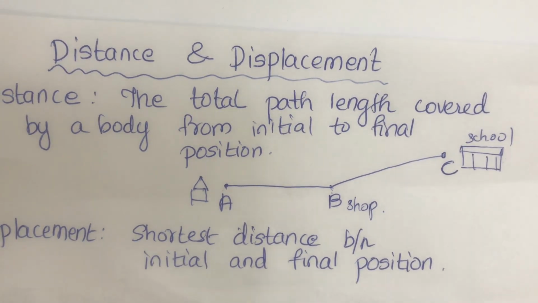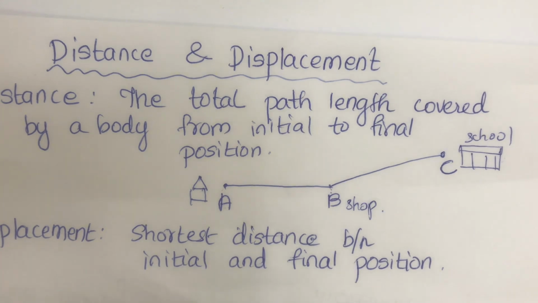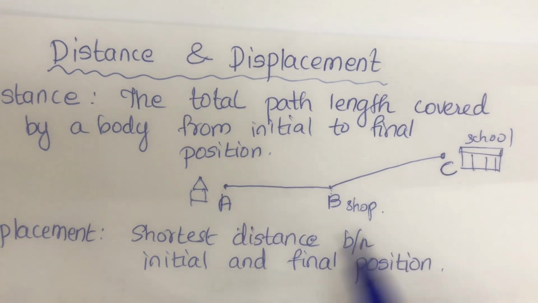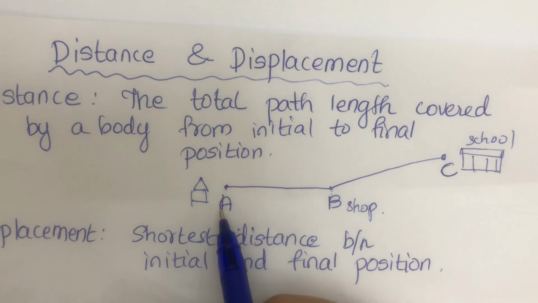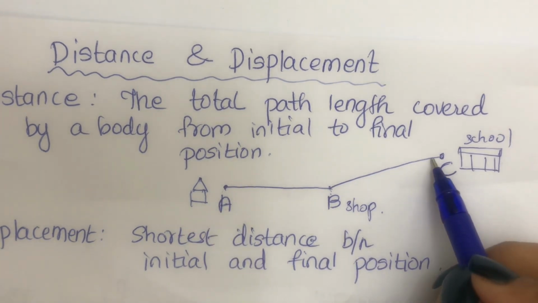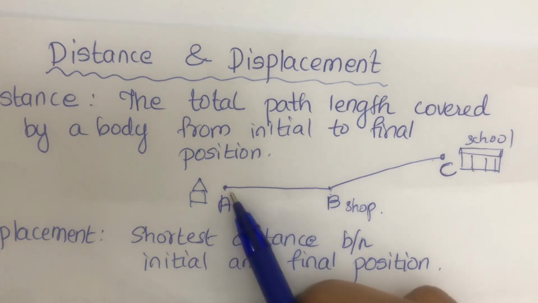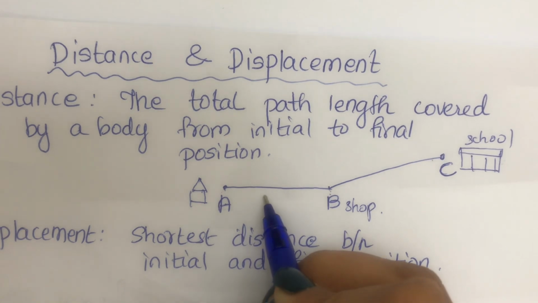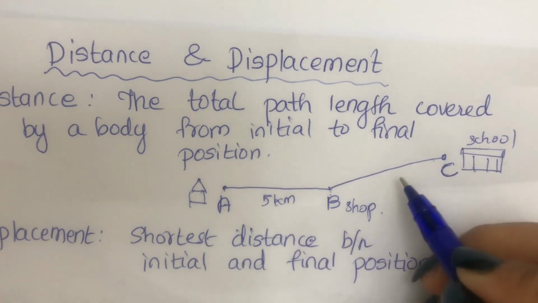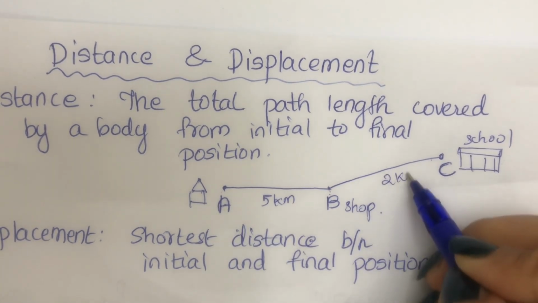Distance is the total path length covered by a body from initial to final position. What is the initial position? Initial position is the starting position, that is A. And what is the final position? Final position is what? School. Okay, so total length. Say this is 5 kilometer and this is 2 kilometer.